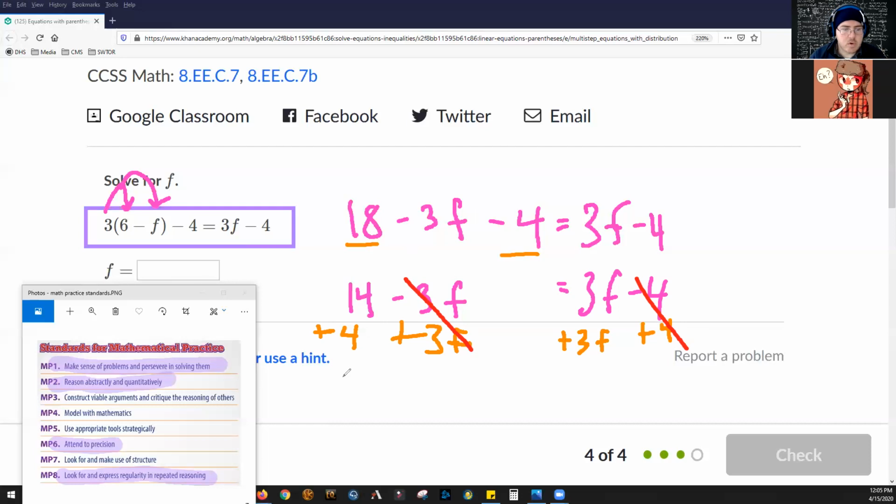So 14 plus 4 is 18. Negative 3f plus 3f is 0. 3f plus 3f is 6f. Negative 4 plus 4 is 0, so 18 equals 6f. Then to get f by itself, I'm just going to divide by 6 on both sides.